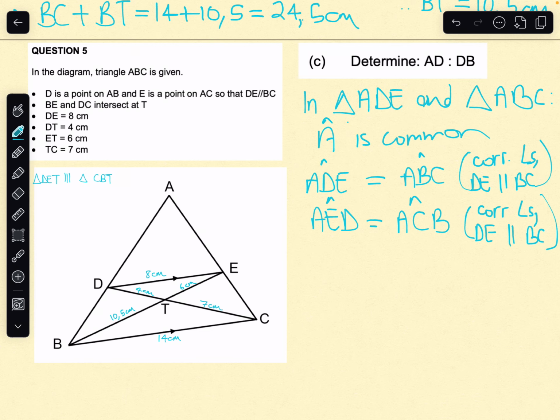And so we therefore prove that triangle ADE is similar to triangle ABC, and the reason again is angle.